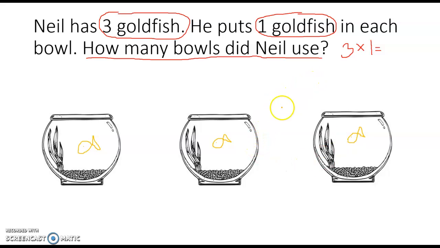We used 3 bowls, so 3 goldfish times 1 bowl each equals the 3 bowls, or 3 fish divided into groups of 1 equals 3. Thinking of your fact families also. So Neil used 3 bowls.